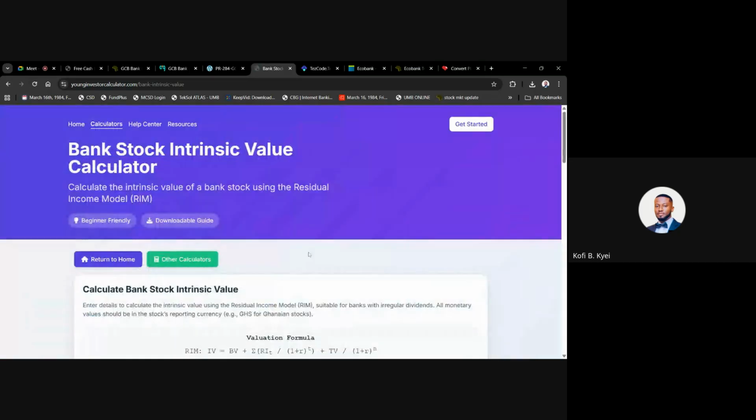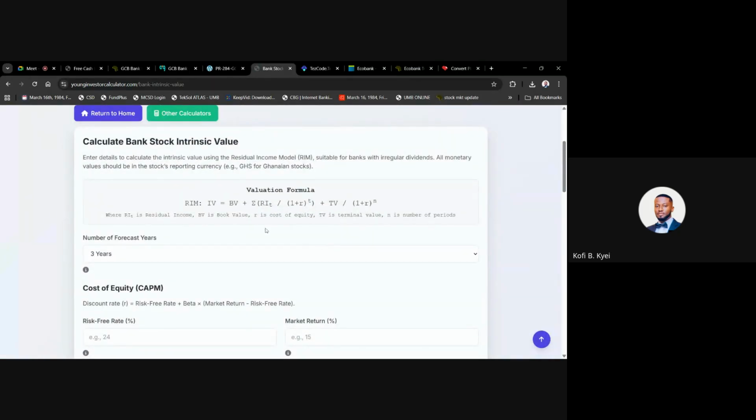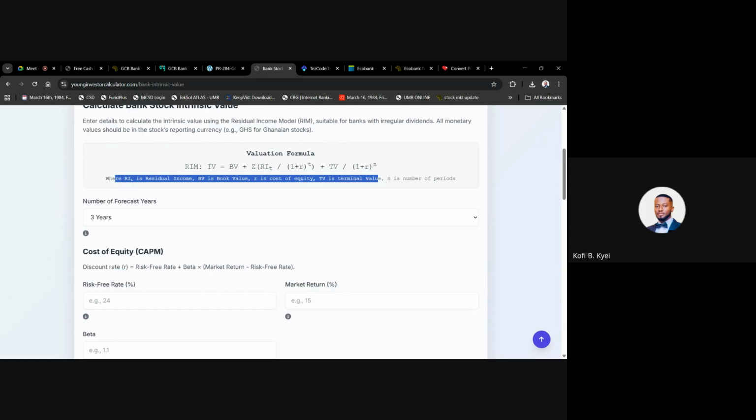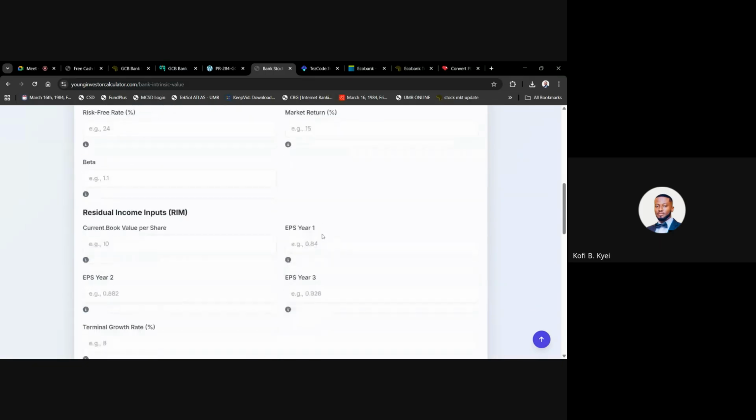So I mentioned that banks too are valued differently. So the formula for residual income is what you can see on the screen. It explains all the items, where RI is the residual income, BV is the book value, R is the cost of equity.